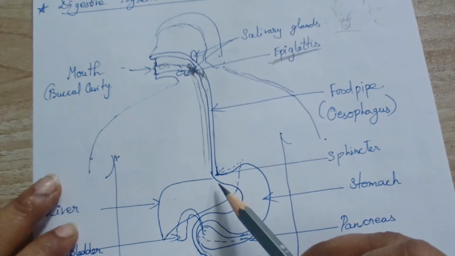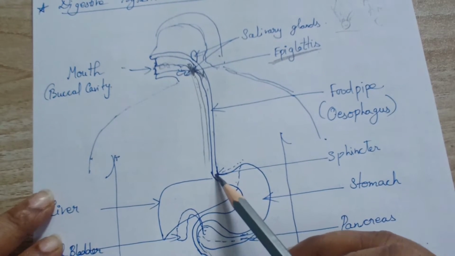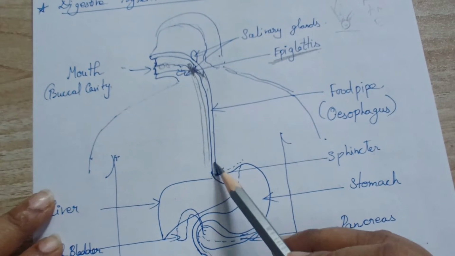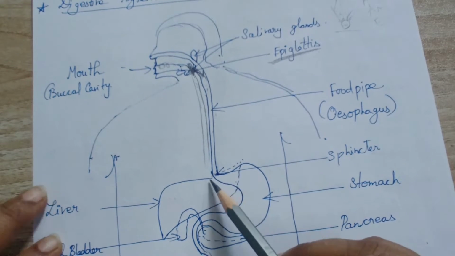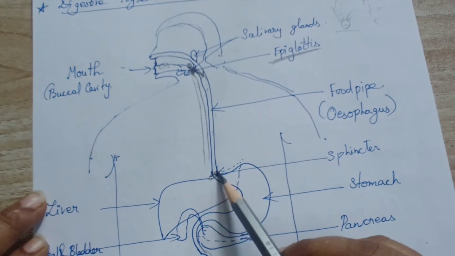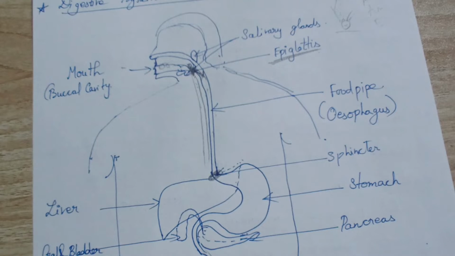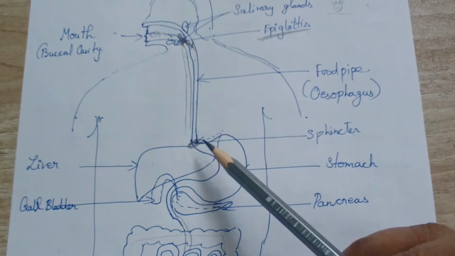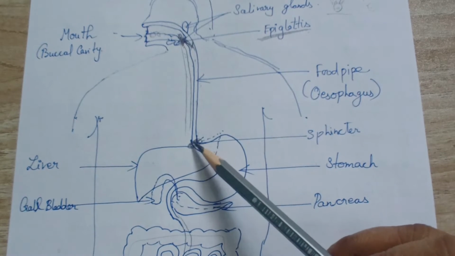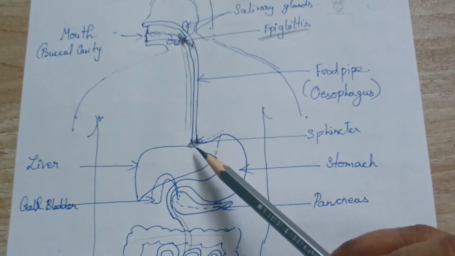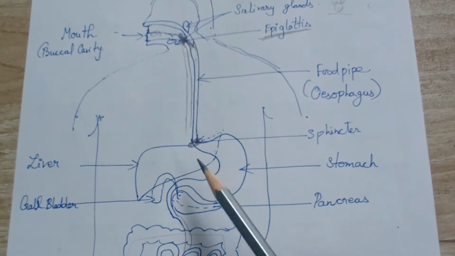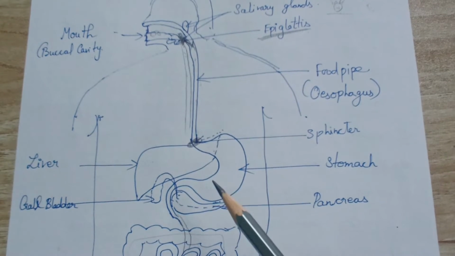If the food wants to move from the food pipe to the stomach, a sphincter is there. We'll have these circular muscular cells, called a sphincter, which controls the movement of food.